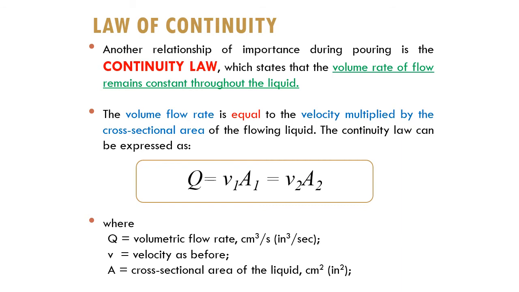We can express it as Q equal to V1A1 equal to V2A2, where V1 is the velocity of the molten metal at point 1, A1 is the cross-sectional area at point 1, V2 is the velocity at point 2, and A2 is the cross-sectional area at point 2. So if you already know V2, you can calculate V1 using this equation.